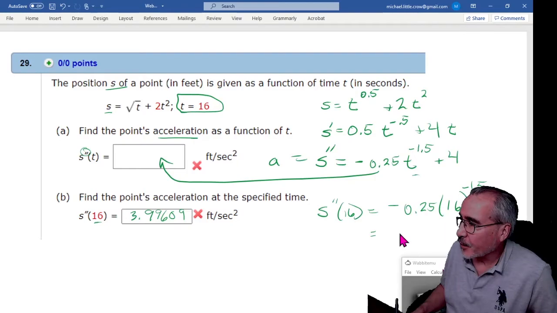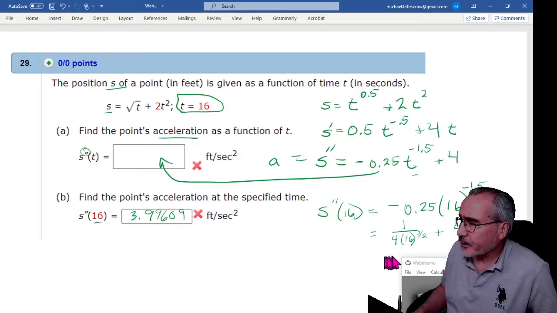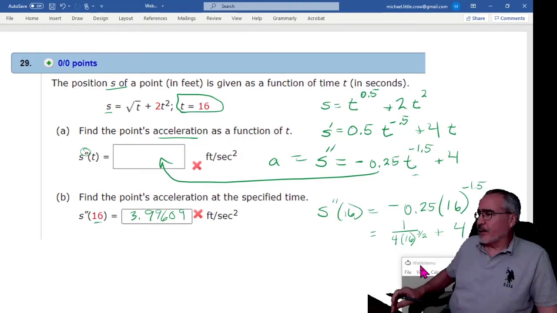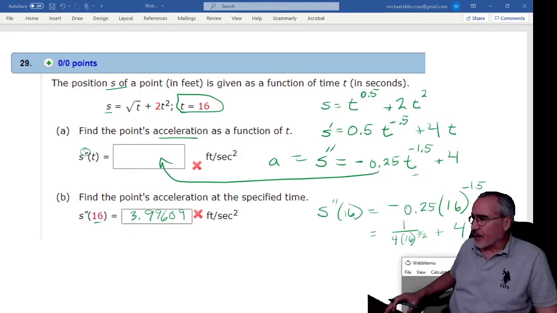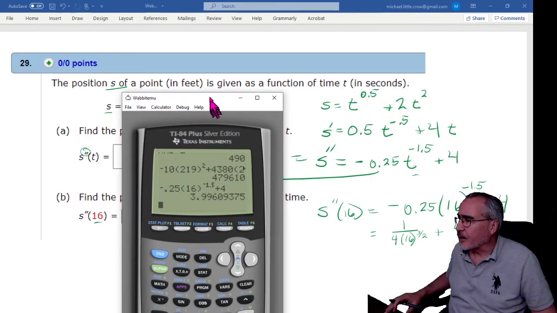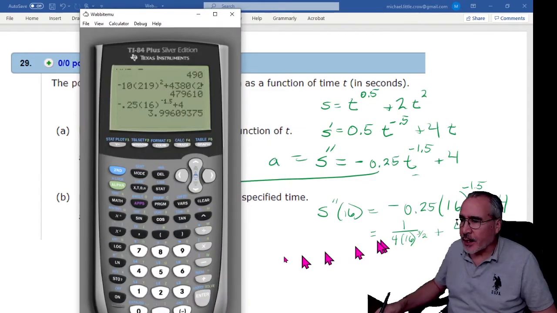This is 1/4 times 16 to the 3 halves, plus 4. And if we work out just the bottom part, to find what the denominator is, I think it's going to be 256.